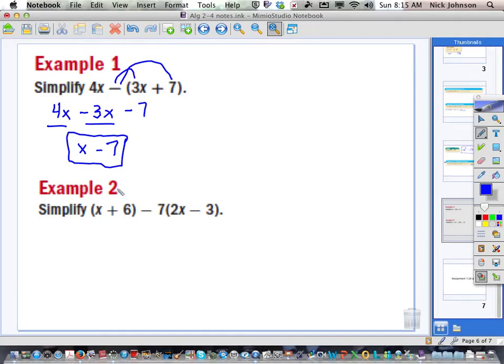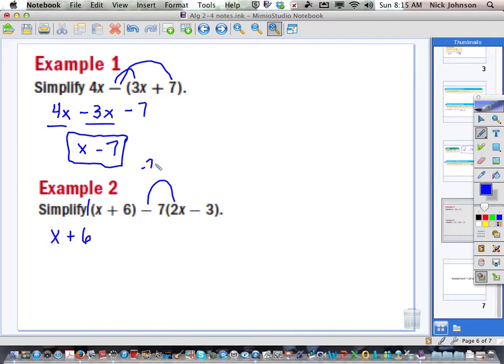Example 2, same thing. Simplify the quantity x plus 6 minus 7 times the quantity 2x minus 3. Now, if there's nothing in front here, that's just like saying 1 times anything. So if you take 1 times anything, you just get itself. The parentheses are gone. Here, this has a negative 7 in front of it. So I have to take a negative 7 times 2x.